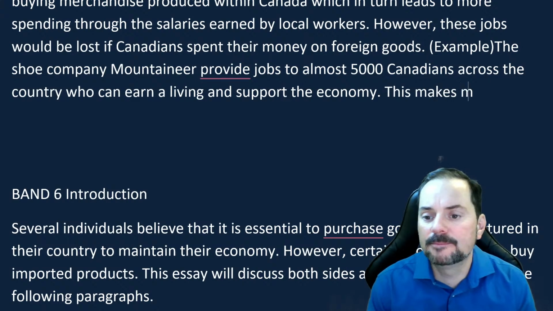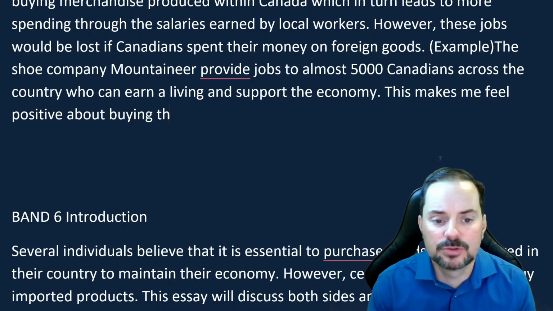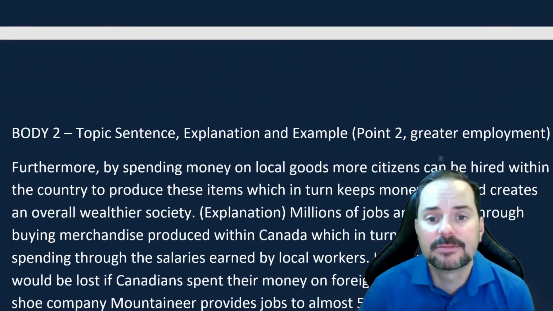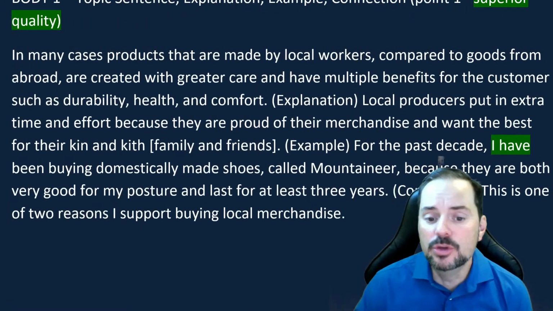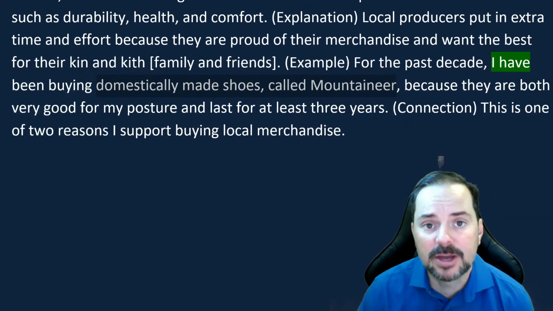This makes me feel positive about buying their shoes. Okay, so that's my connection there with my previous paragraph, where I use this same example of buying domestic shoes called Mountaineer because of better quality.